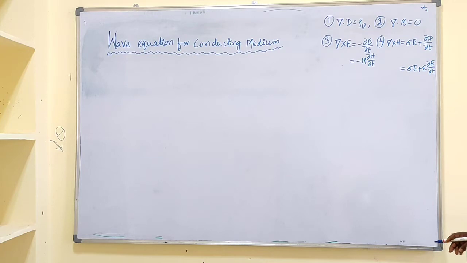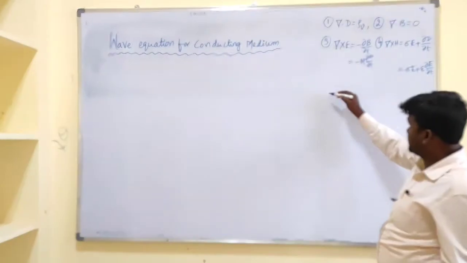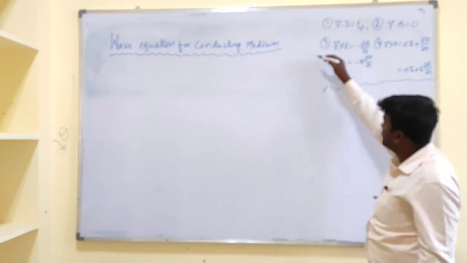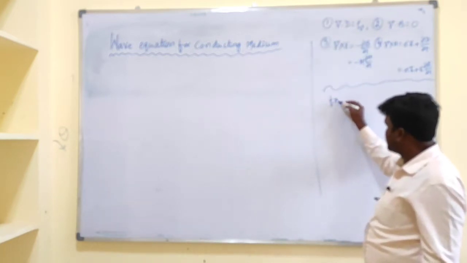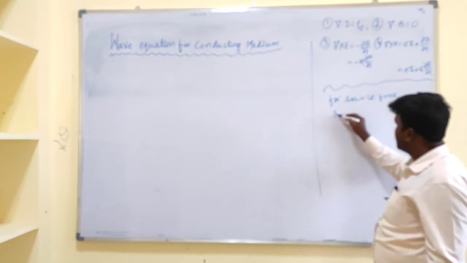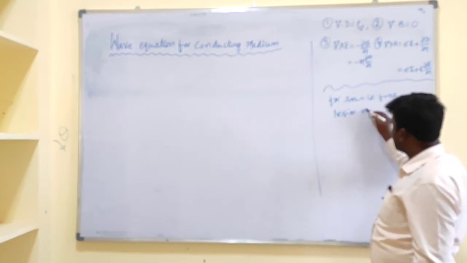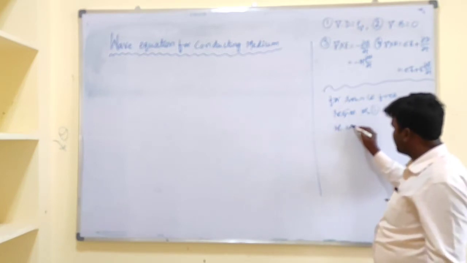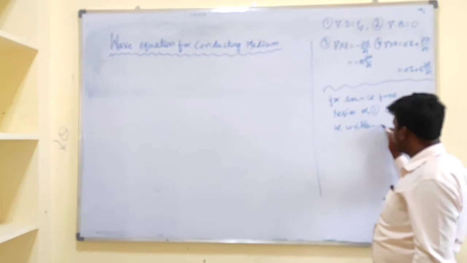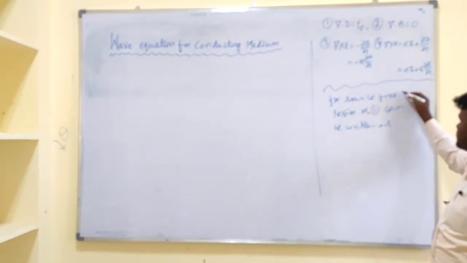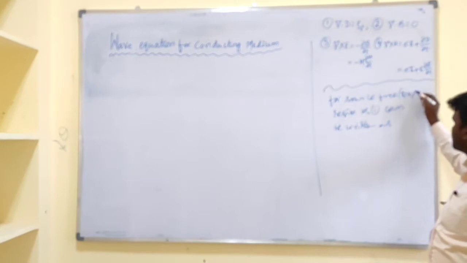For the source free region, equation 1 can be written as follows. Source free region means there is no charge, that is rho V equal to 0.